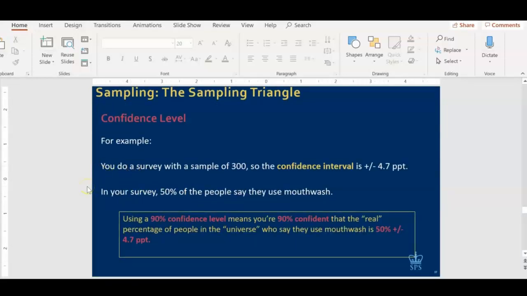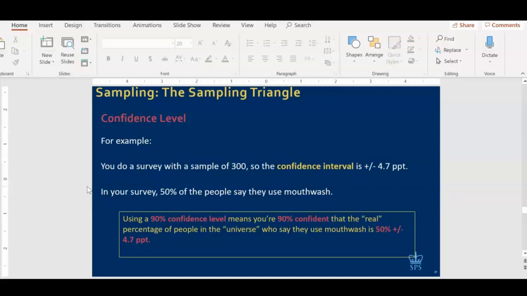So let's take another example. Again, let's use our sample size of 300. And our confidence interval, we know at 300 is 4.7 percentage points plus or minus. So say now we conduct a survey and 50% of our people say that they use mouthwash.